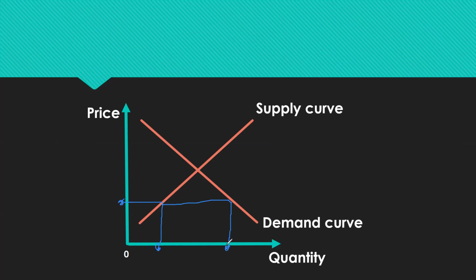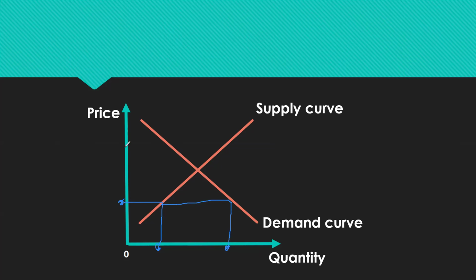So you would have far more quantity demanded than quantity supplied. You can see how that could become a problem. You'd have a lot of shortage of goods in the economy.